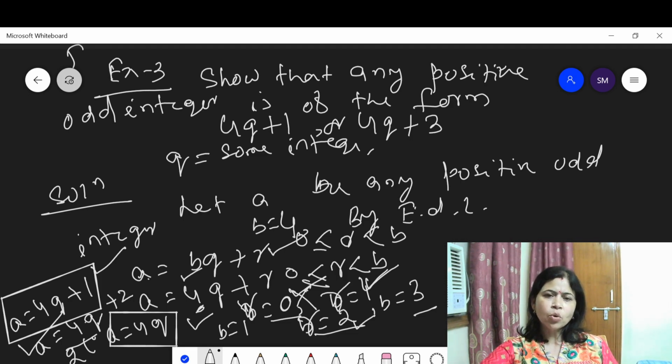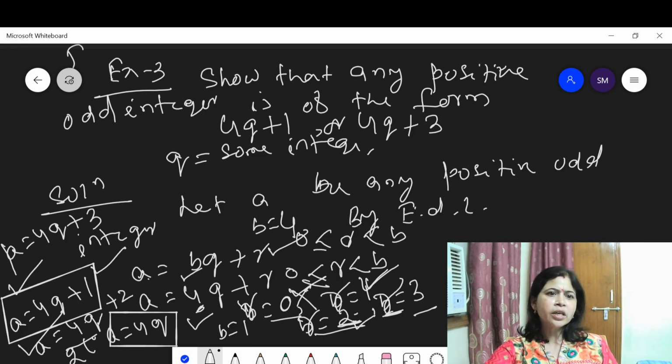r equal to 2 is not possible, because when you take r equal to 2, you get an even number. Then the third condition: when r is equal to 3, a is equal to 4q plus 3.